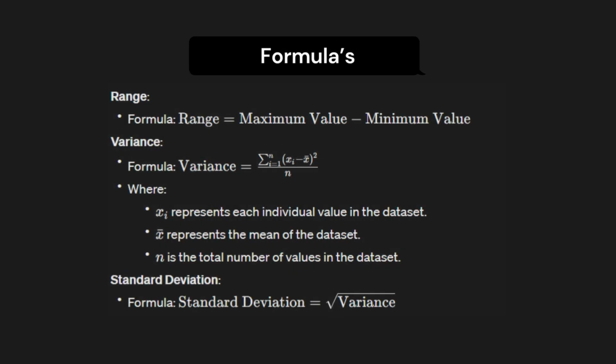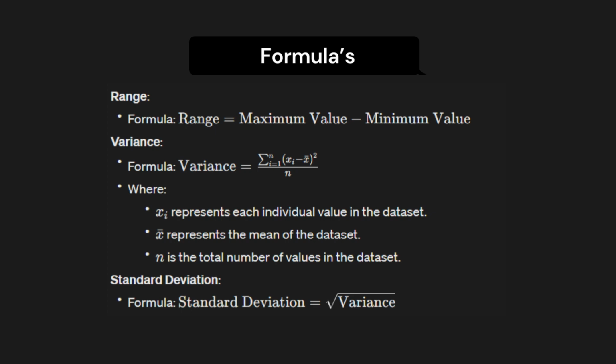Now see the formulas for range, which I already told you, maximum value minus minimum value. And then for variance it is sigma xi minus x bar whole square by n, where xi is each individual value, x bar represents the mean of the dataset, and n is the total number of values in the dataset.